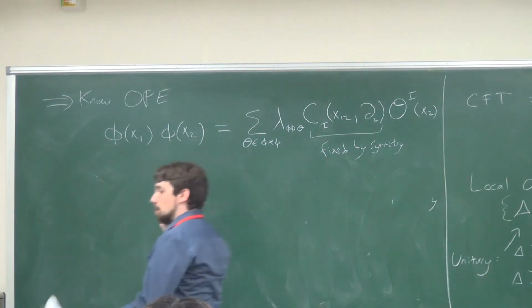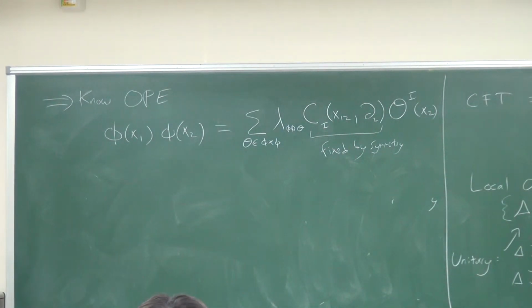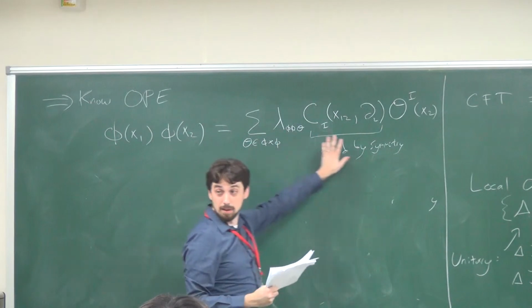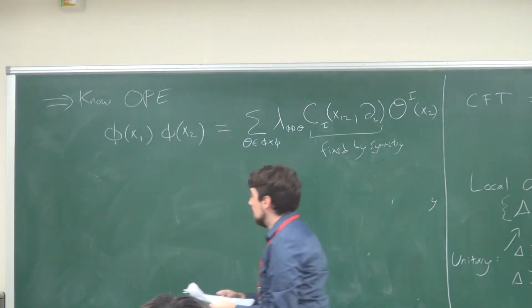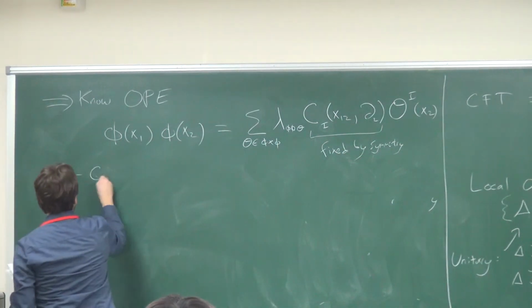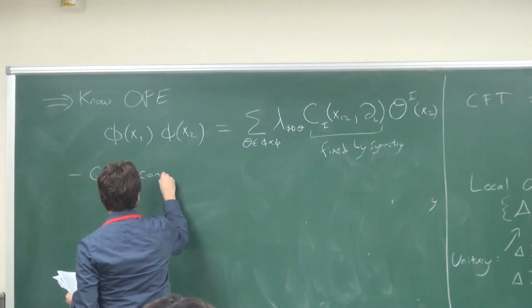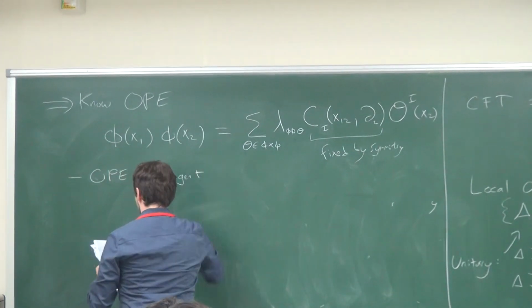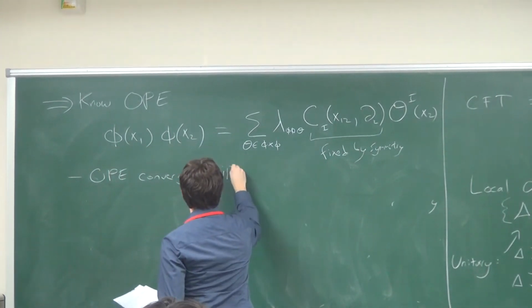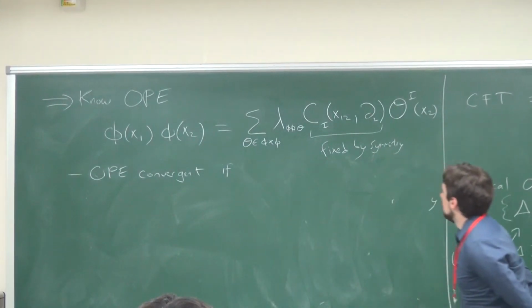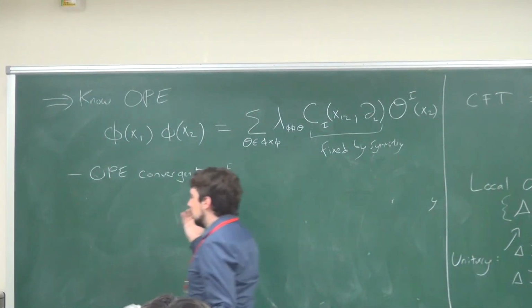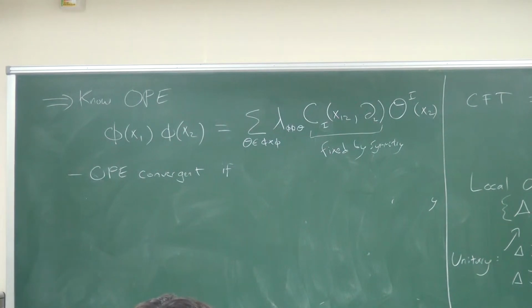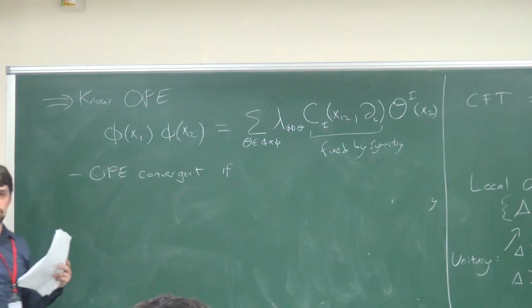But fortunately, in conformal field theory, there is a very sharp criterion for when the OPE is a convergent expansion. And the statement is that the OPE is convergent if it can be interpreted as a change of basis in the context of radial quantization.